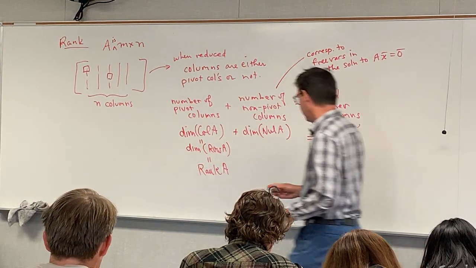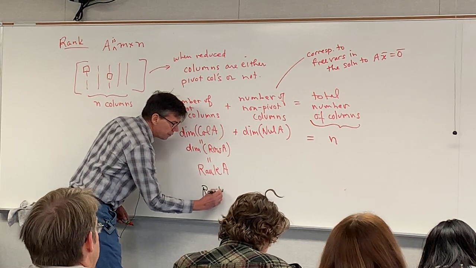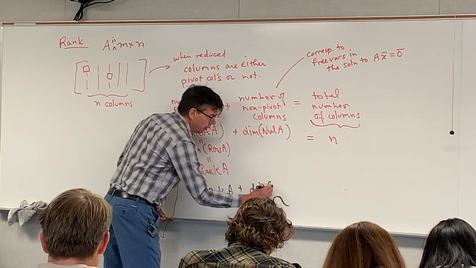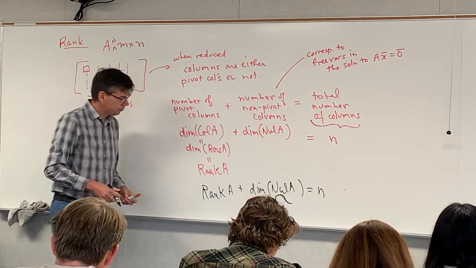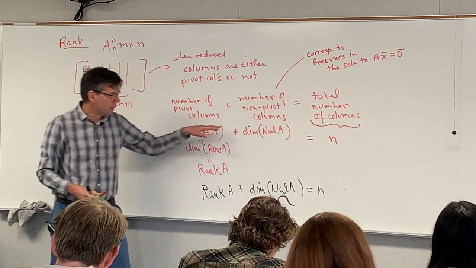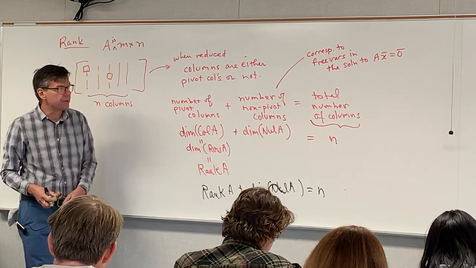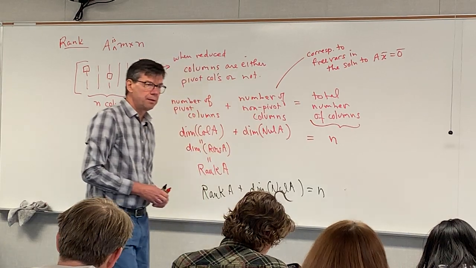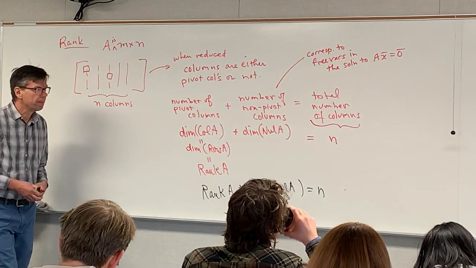But of course, the final form of that theorem, it's usually written as rank A plus the dimension of null A equals n. So I memorize it in this form. And I just remember that dimension of column A is the same as the rank. And we'll do something with that in a bit, but yeah, you got to know how to answer questions using this.